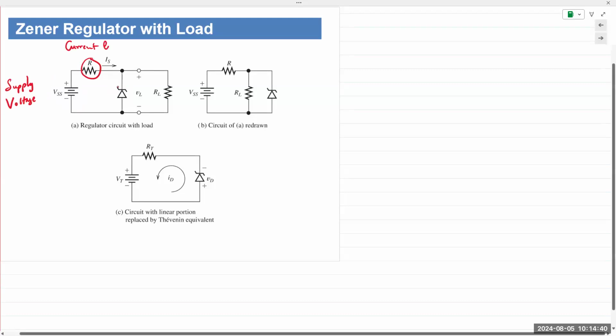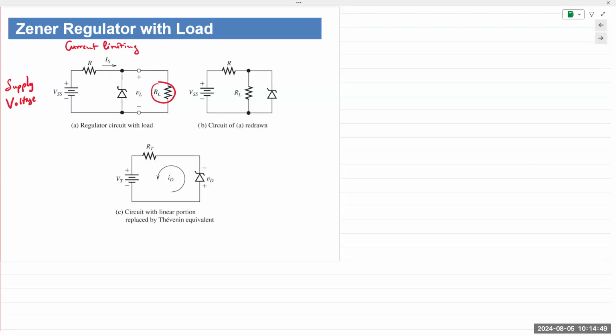We use it to limit or control the current that flows in a circuit. And this is the load RL.